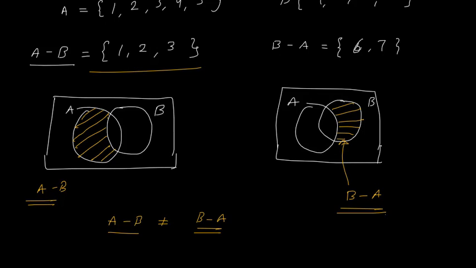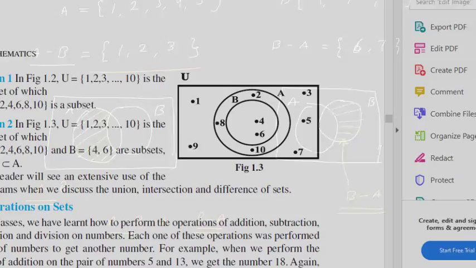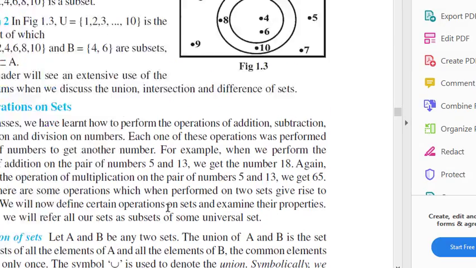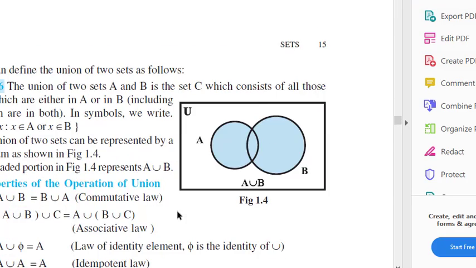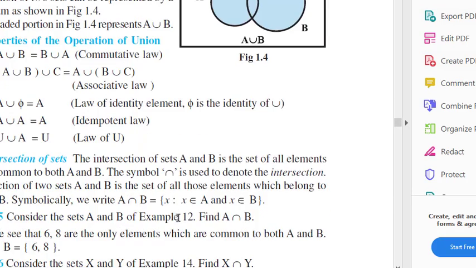Now let us understand a few properties of union and intersection of two sets. So I will come to the textbook. We have understood what is union, what is intersection. Now some properties of union of two sets.